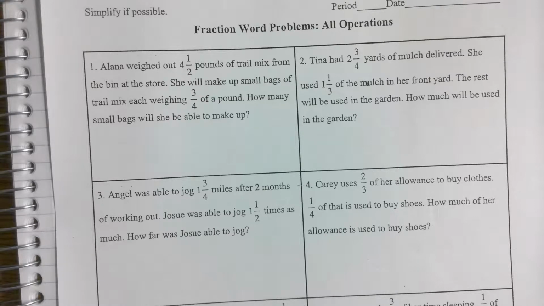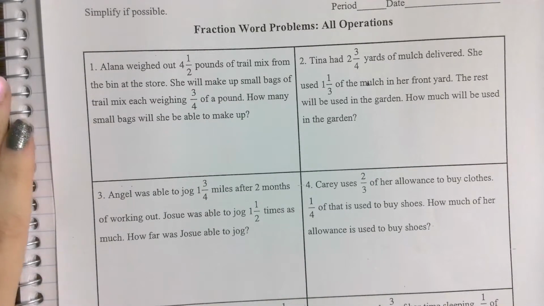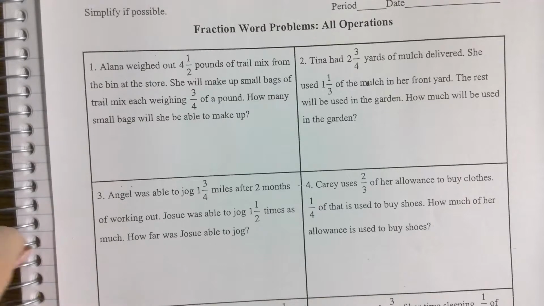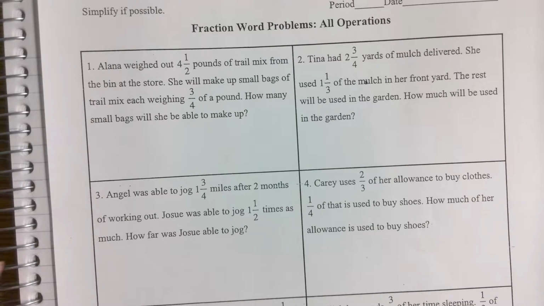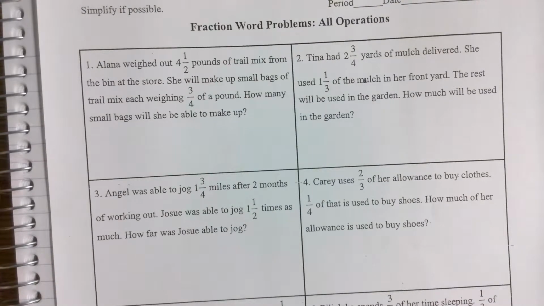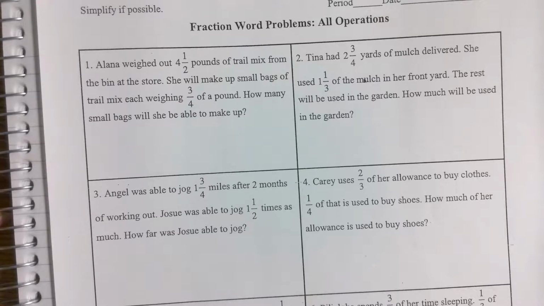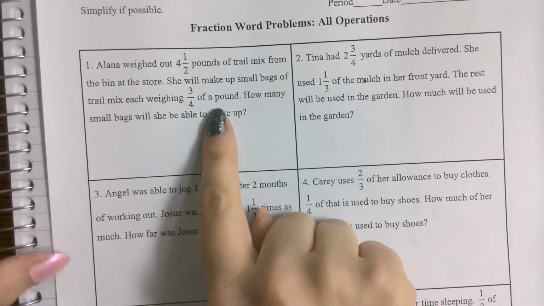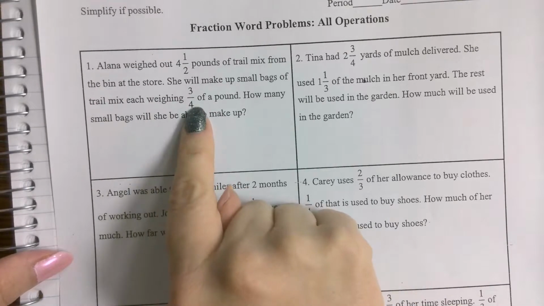Joel? Not multiplication. What do you think, Kingston? Not subtraction. Jasmine? How do you know it's division? Very good. She's making up small bags that are each going to weigh 3/4.